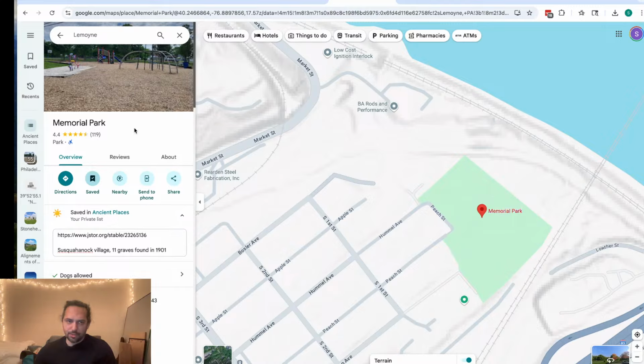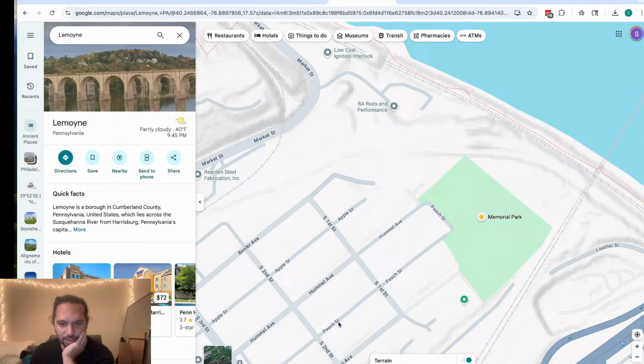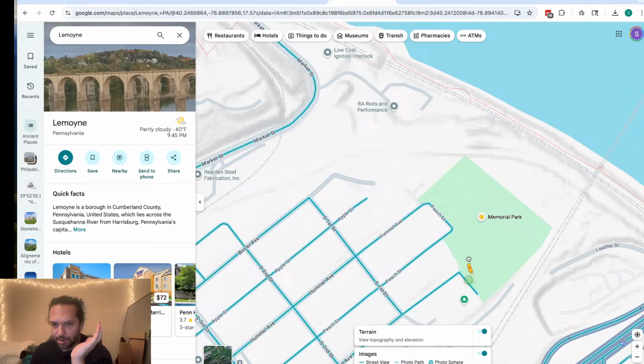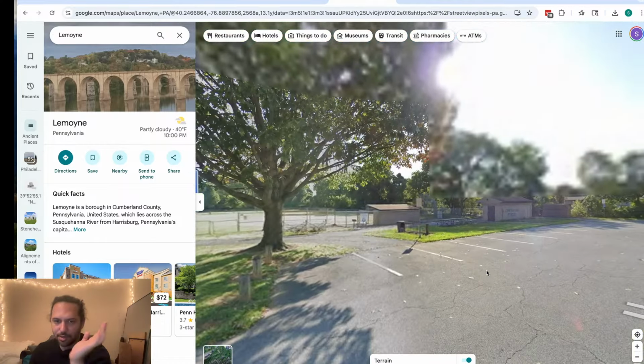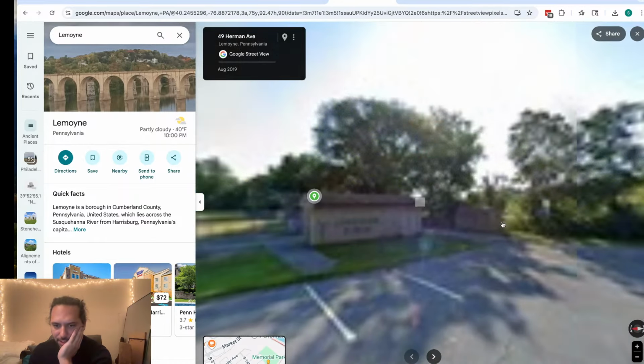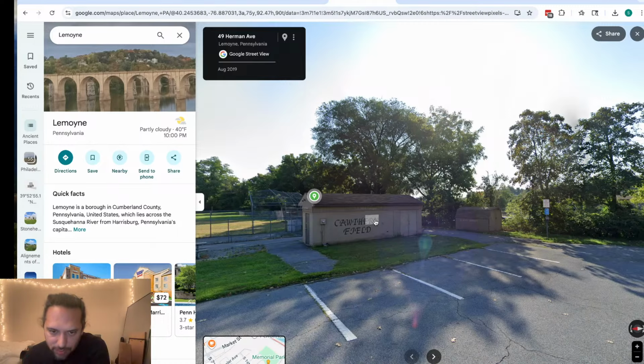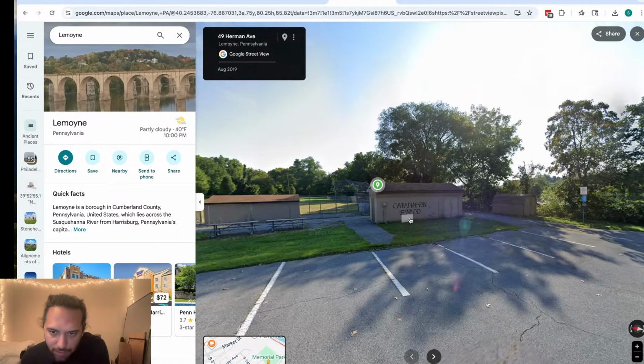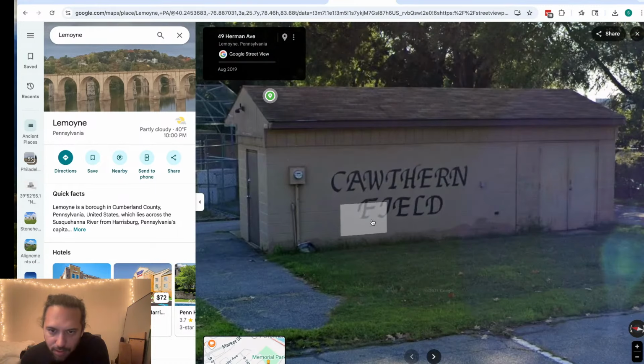There you go. That's how it goes in Pennsylvania, folks. That's how it goes across the U.S. These places are just completely forgotten. Now, wait. Before I say they're completely forgotten, I do want to check. Let's drop the man down again, just on the off chance that someone actually remembers and might have a little sign somewhere. Cawthorn Field. Okay, Cawthorn Field.